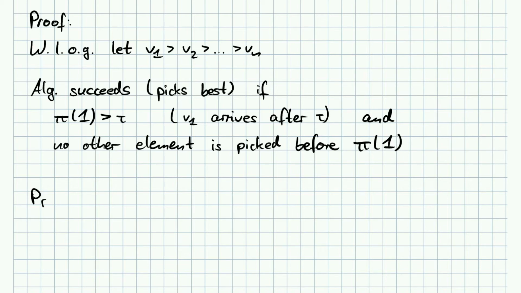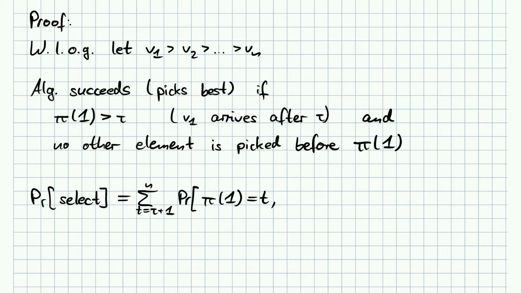So what we're interested in is the probability of this event. And this we can now write as follows. We can take the sum from tau plus 1 to n, and we're now interested in the probability that pi of 1 is equal to t, and no element is picked before round t. Good.